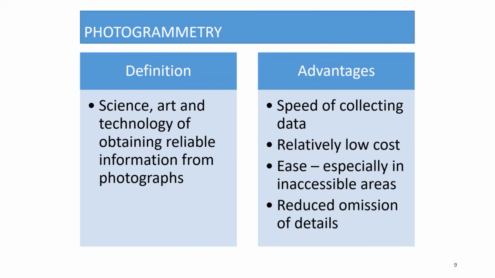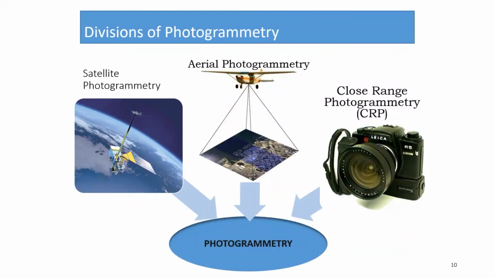While mapping, we understand that a few features are missing, and again we need to go back to the field to acquire them. Instead, when the photograph is taken, it covers the whole area, everything is photographed, so there is no scope of missing any detail.